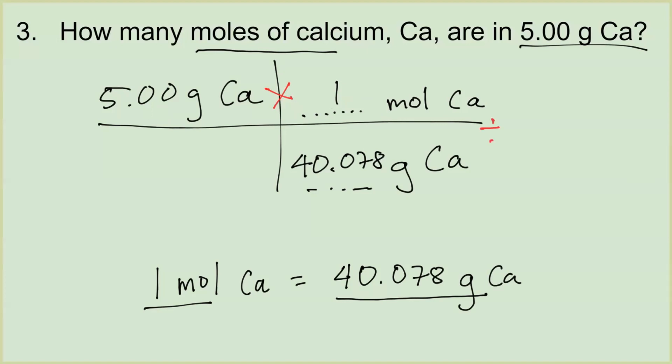So when I plug this into my calculator, you'll do 5.00 times 1, and then you'll divide that by 40.078. Okay. Let's see.